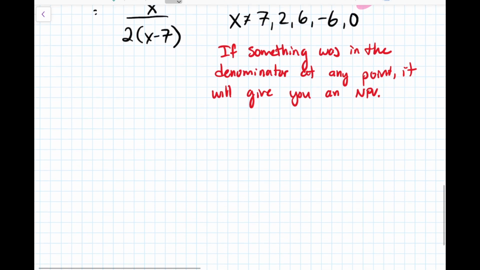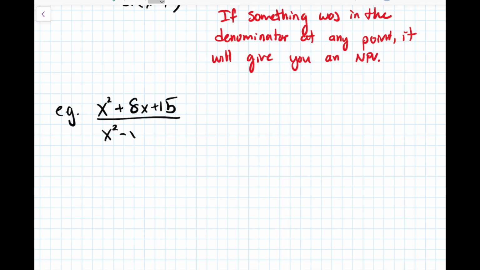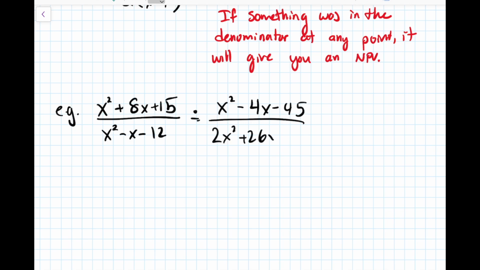So let's expand this out a little bit and make it a little bit tougher. So we're going to have x squared plus 8x plus 15 over x squared minus x minus 12 divided by x squared minus 4x minus 45 over 2x squared plus 26x plus 60.